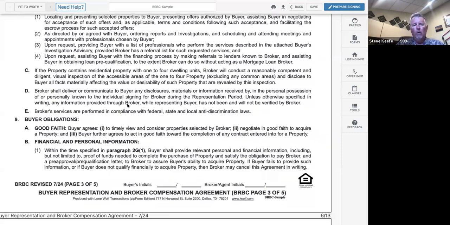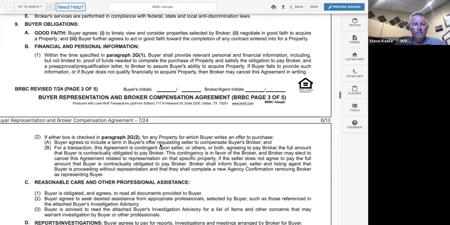The buyer is agreeing that they will act in good faith. They're also stating that they will provide relevant personal and financial information so that the buyer's agent can adequately help them, and knows that they have the wherewithal and the ability to actually make it happen. Buyer's initials, broker's initials.